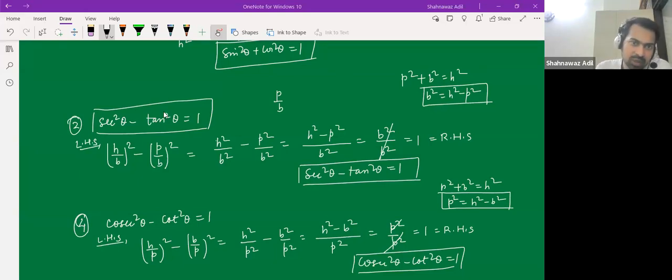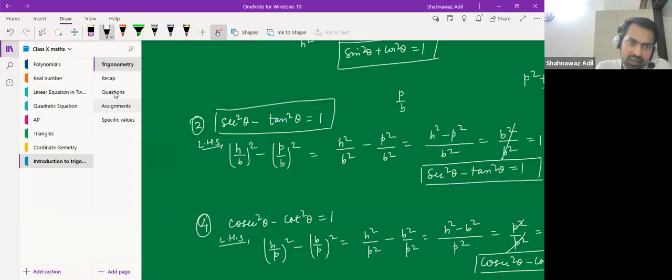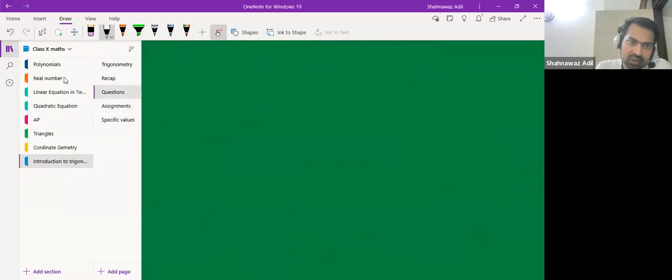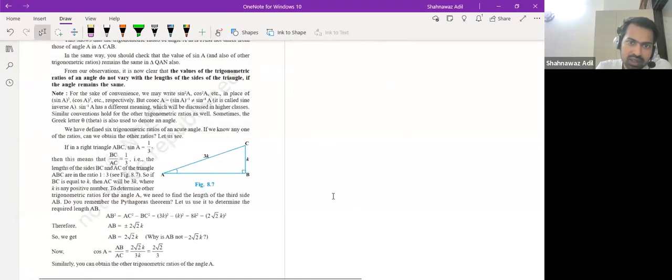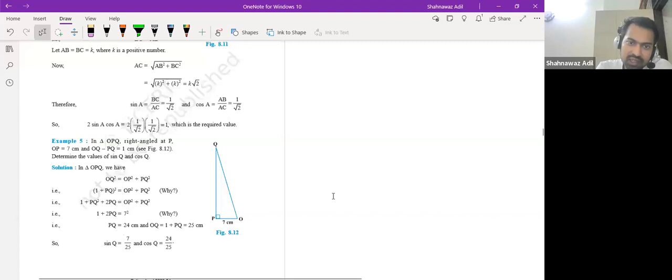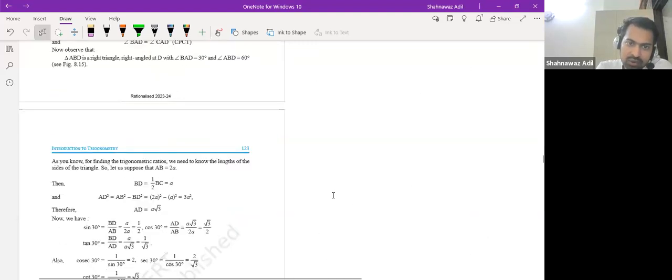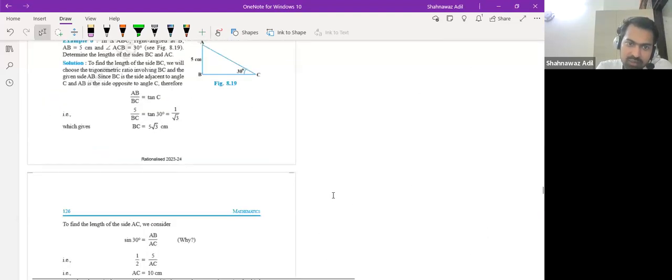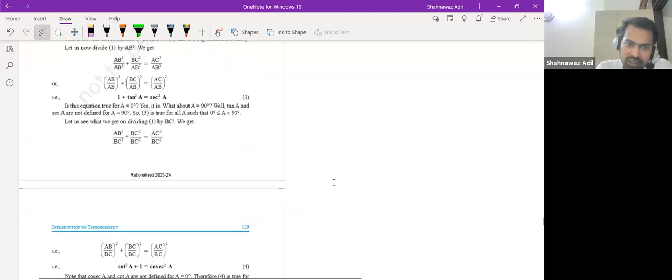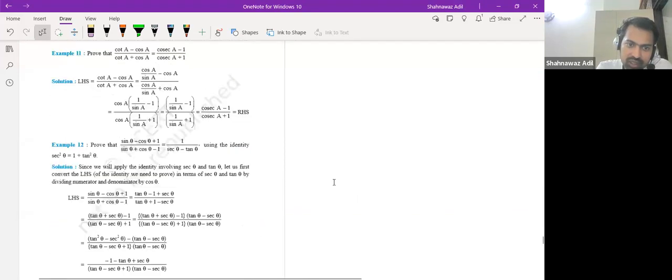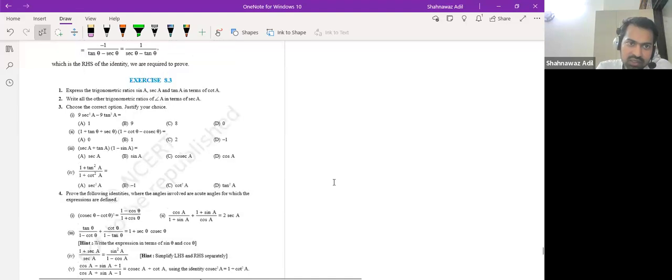Okay, so remember, in the last exercise we have only three identities that we will use. You guys remember this, and in the next class, please memorize this. All the questions will be based on these three identities.